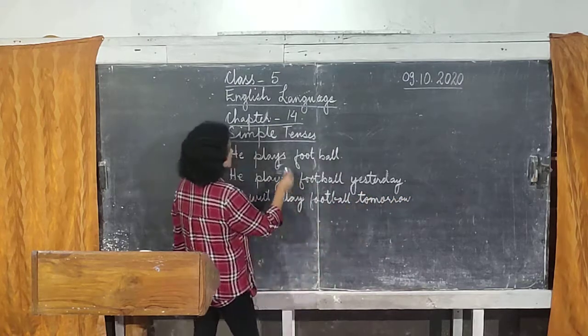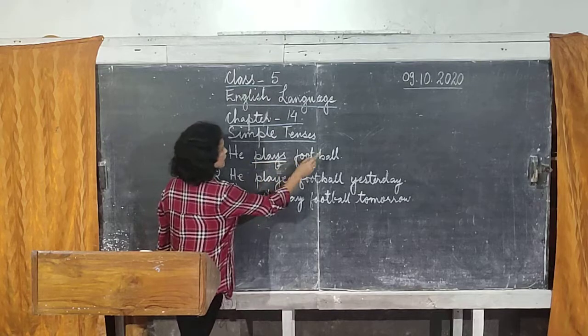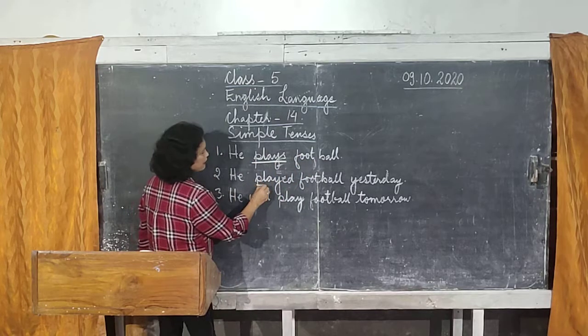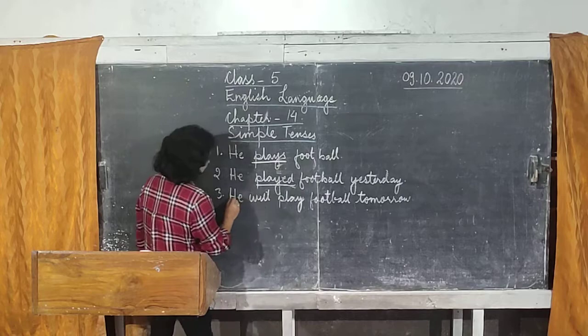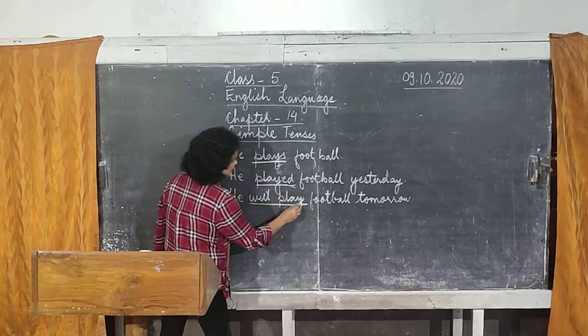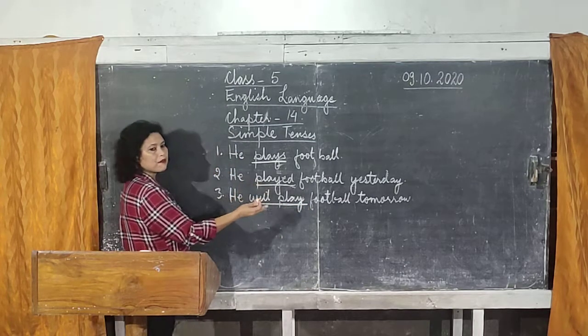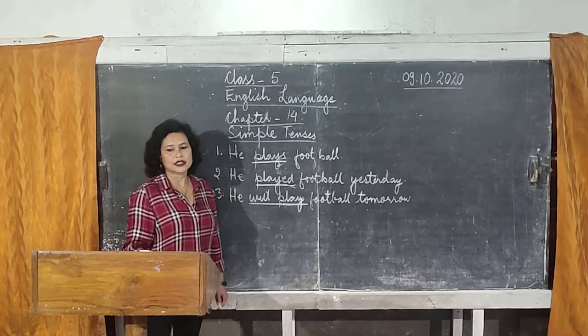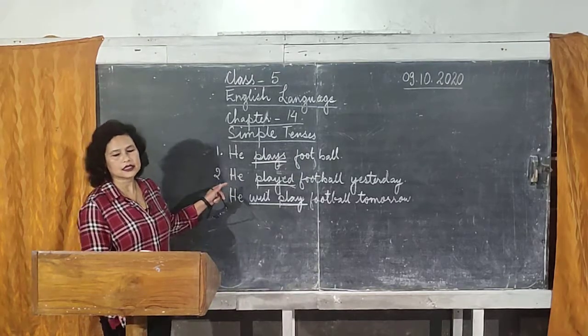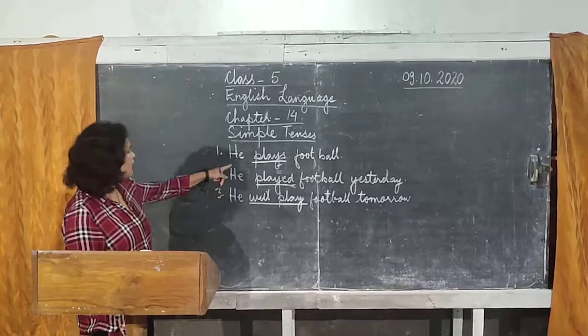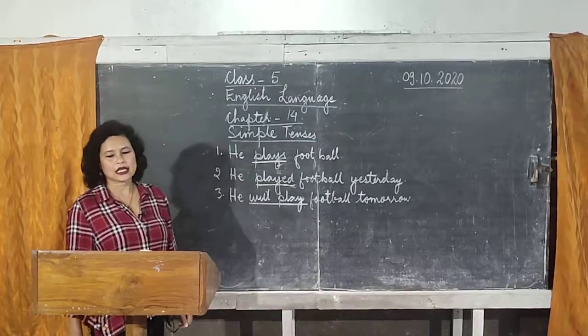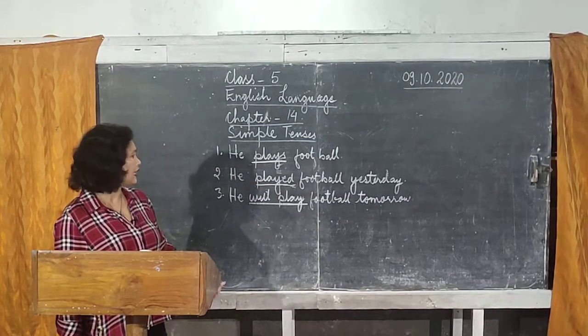3 sentences. He plays football. He played football. He will play football. 3 sentences, the same meaning, but the timing is different. In the sentences, you will see that the underlining verbs tell us about the time of play.